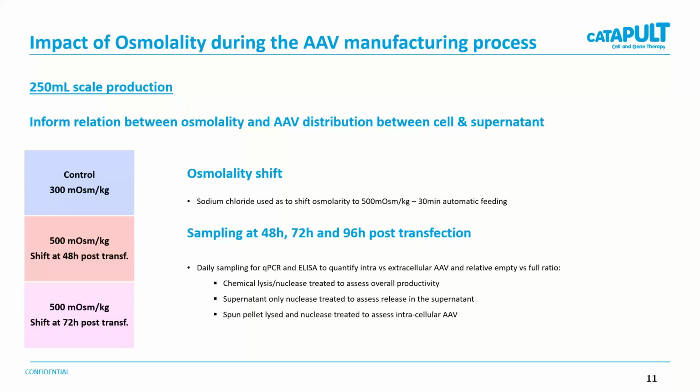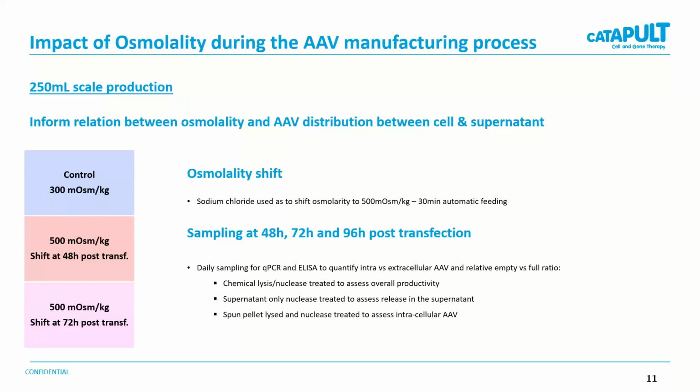During this experiment, we wanted to have a look at the distribution of our AAV between the cell and the supernatant. So that's why we decided to go for lysis at 3 different time points to assess this distribution. We did it at 48 hours post-transfection, 72 hours, and 96 hours. For every time point, we did 3 different samples.